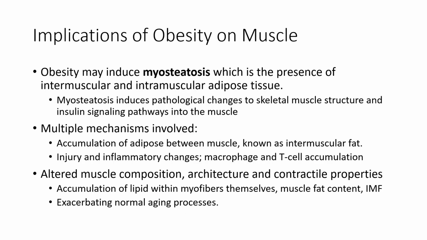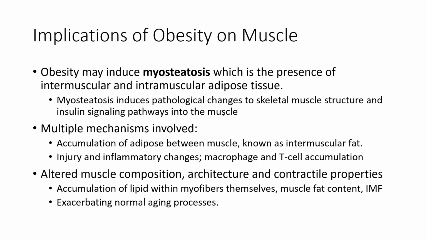So in addition to changes in the vasculature, obesity has implications for the muscle too. Obesity may induce a process called myosteatosis, which is the presence of intramuscular and intermuscular adipose tissue. It causes pathological changes to the muscle structure as well as insulin signaling, as we talked about, with insulin being our vasodilator and our muscles being the sink for postprandial glucose uptake. That process is, maybe not completely impaired, but impaired in obesity, through those inflammatory cytokines, most notably TNF alpha.